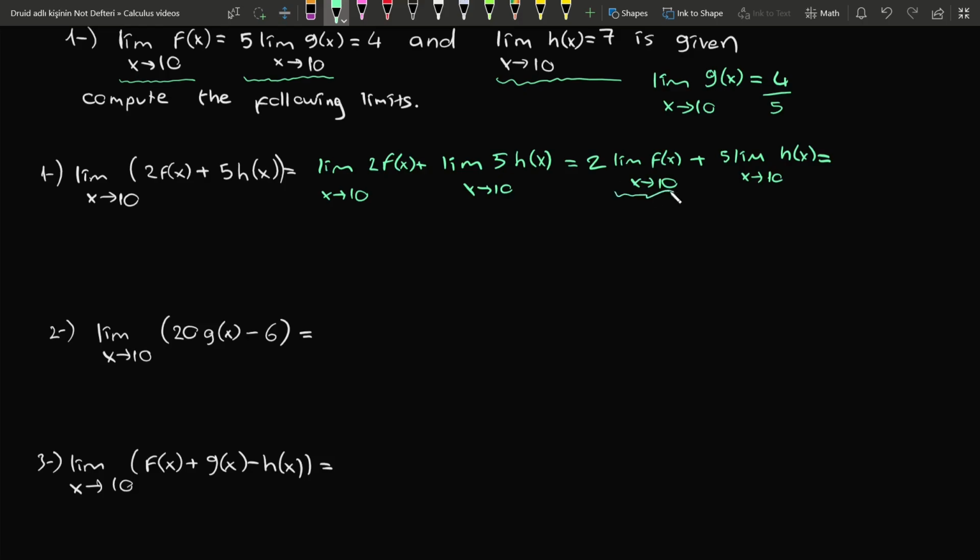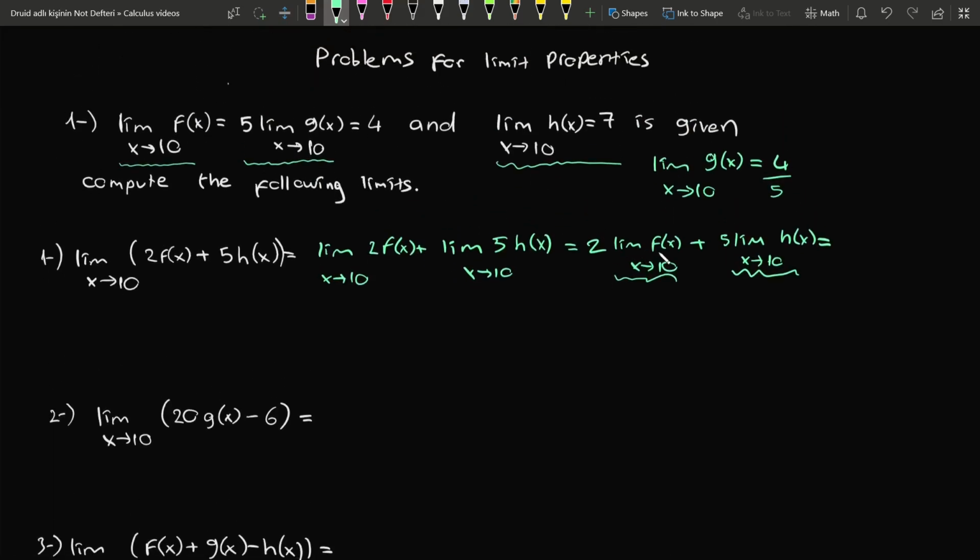Now I know what this is equal to, and I know what this is equal to. The limit of f(x) as x approaches 10 is equal to 4, so 2 times 4. And the limit of h(x) is equal to 7, so 5 times 7, and I add these. So 35 from here, 8 from here. So 35 plus 8, my answer is clearly 43.